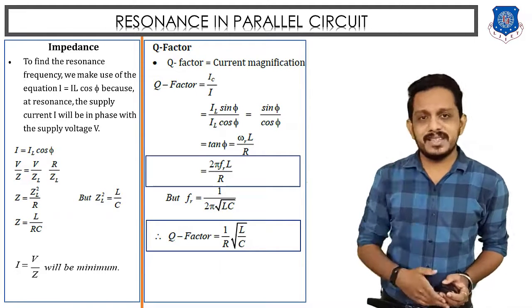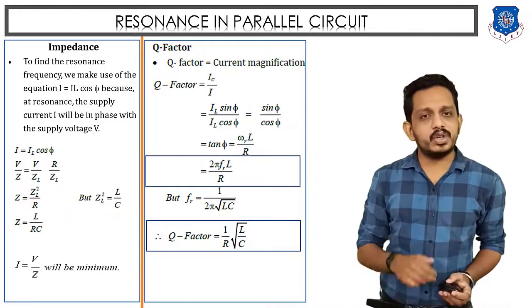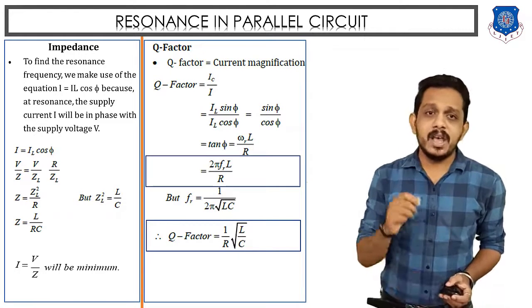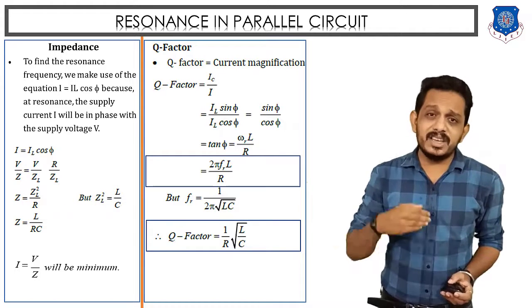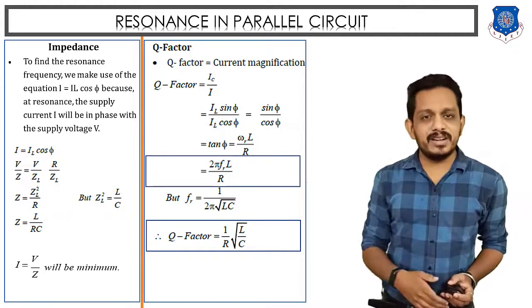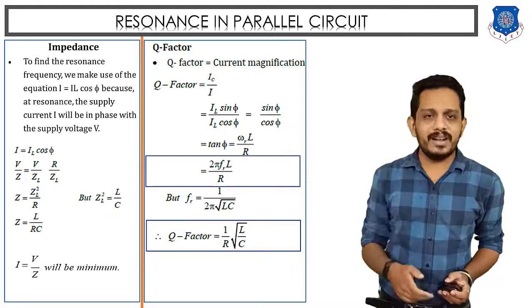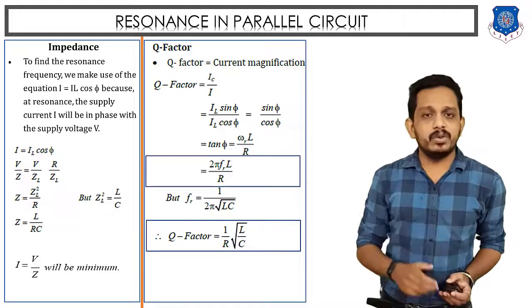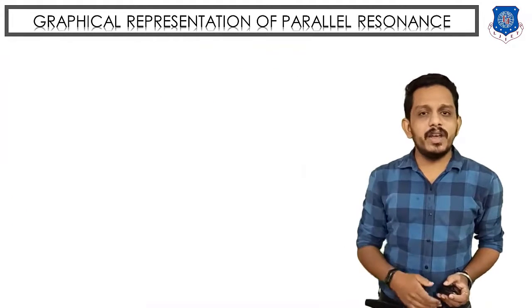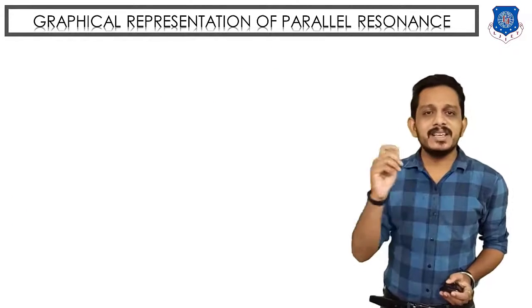So if resistance is neglected, then you can put it directly in this equation as 1 upon R under root L by C. So if you put this in the Q factor equation, then finally the Q factor has the value 1 upon R under root L by C. So this is the same equation as we derived in the case of the series circuit.